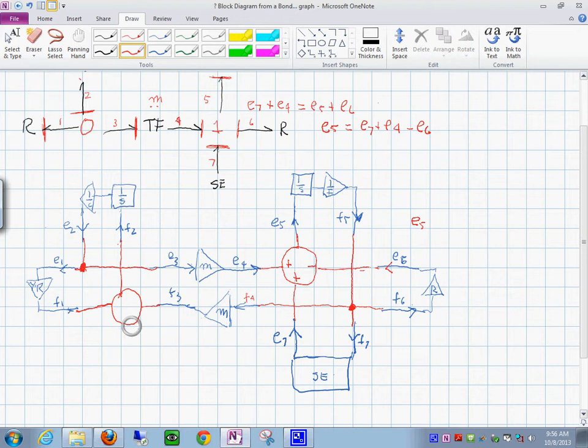See the way this is, all these guys are coming in like this, and this one is going out. So we need to make sure that whatever we do over here with the summation has the correct signs to produce F2 as an output.